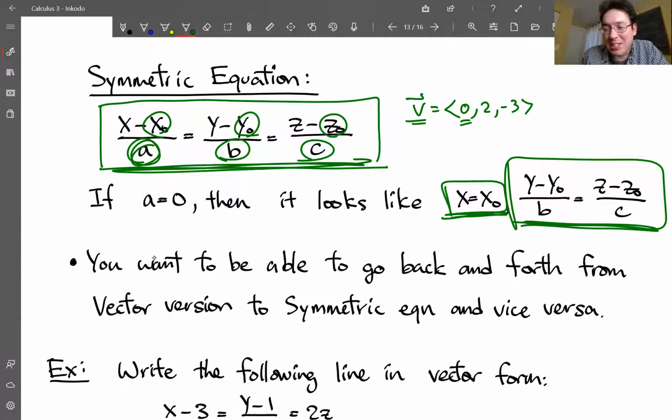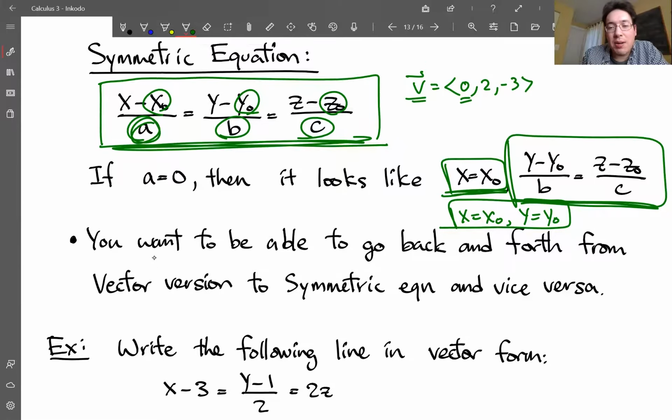If two of the components were 0, then you'd have something like x is equal to x naught and y is equal to y naught. So x and y are fixed, but z could be anything. There's no restriction on the z variable. So that's what the two equations would be.